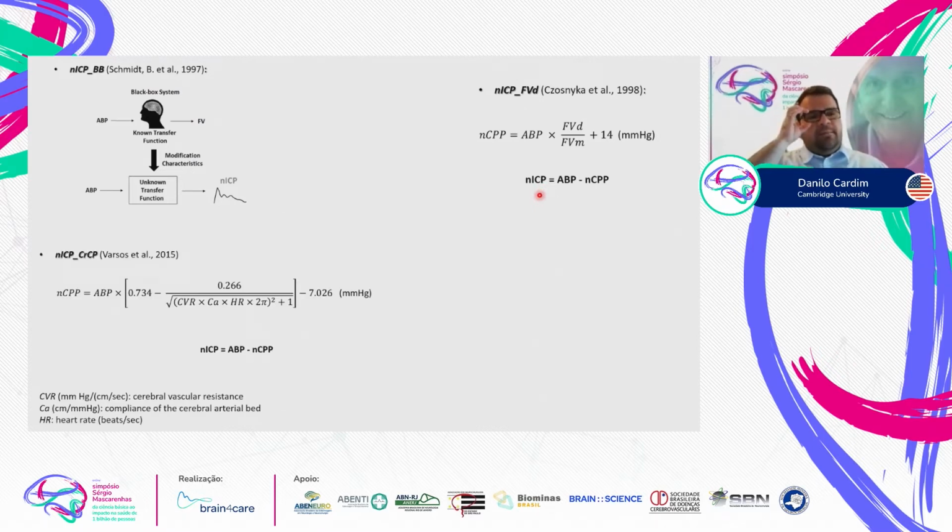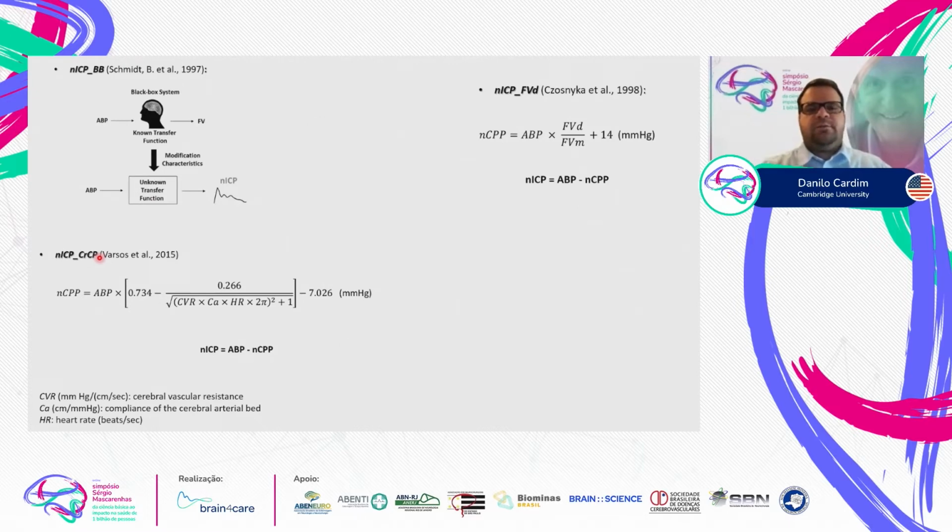The third method is based on a concept also derived from transcranial Doppler ultrasonography, the so-called critical closing pressure, CrCP. Critical closing pressure, in simple words, is basically the lower threshold of the mean arterial blood pressure that still allows blood flow to circulate in the brain.